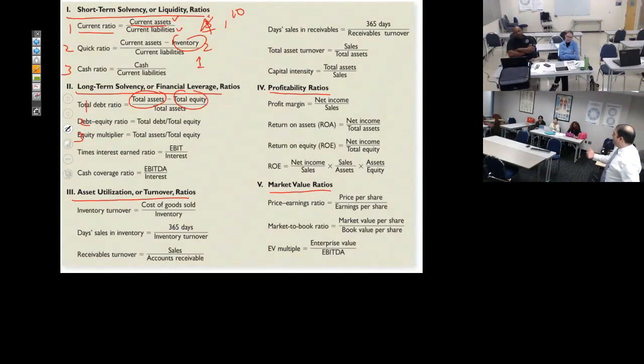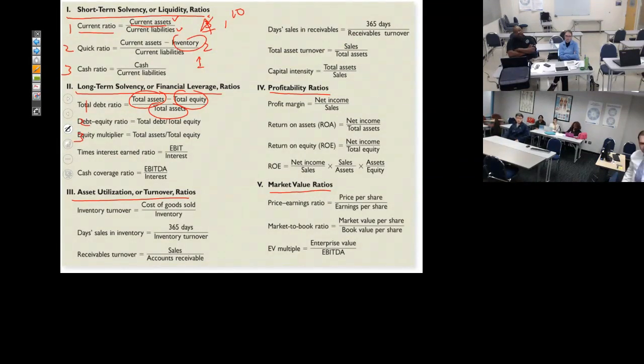When you remove the equity, the remaining financing is coming from debt, which may be short-term or long-term. Remember that this debt also includes the current liabilities, because we've just removed the total equity. Then divide that number by the total assets. In other words, this is the total debt divided by total assets.